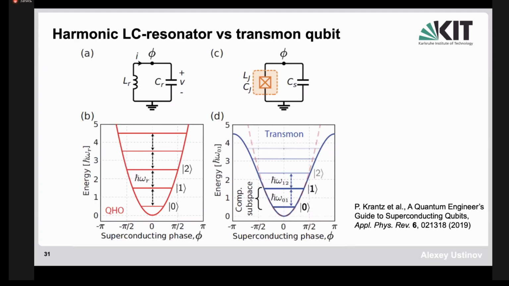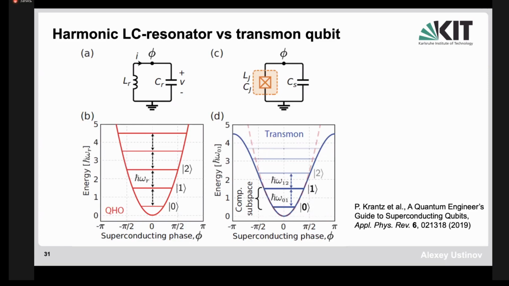This potential is softly anharmonic because it is limited here. So the energy level separation between 0 and 1 is going to be the largest, and then the next energy level separation between 1 and 2 is a little smaller. This is a little more smaller, and so forth until we count all the levels.